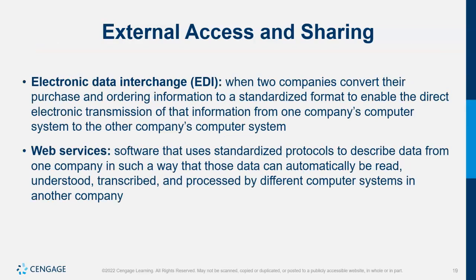And so we can use electronic data interchange, where we convert purchasing and ordering information to a standard format that allows two companies' computer systems to communicate with each other. Or even more popular these days is we use web services. And this is just software that standardizes protocols to describe data from one company that can be read, transcribed, understood, and processed by other computer systems in a different company.